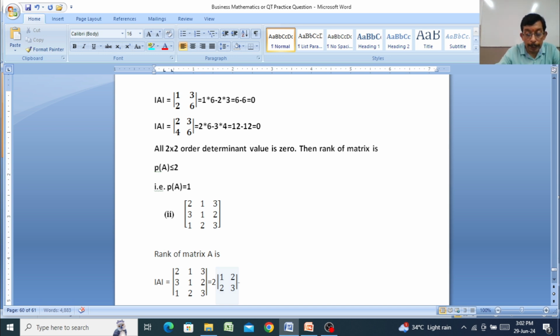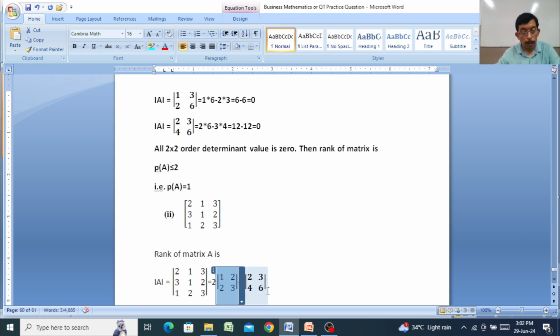Then we take the minus sign, and the first row second element is 1. For the first row second column element, cancel out, and the remaining elements are 3 2 1 3.